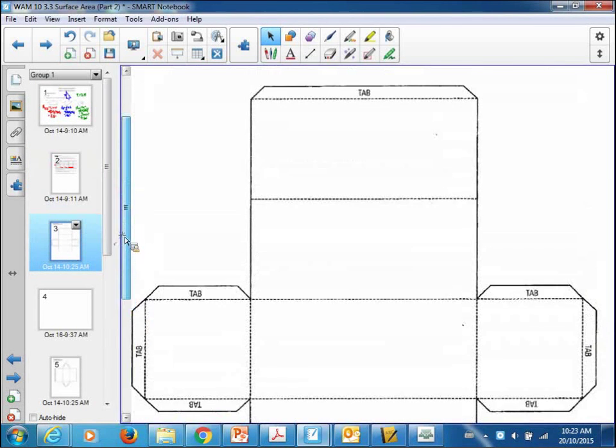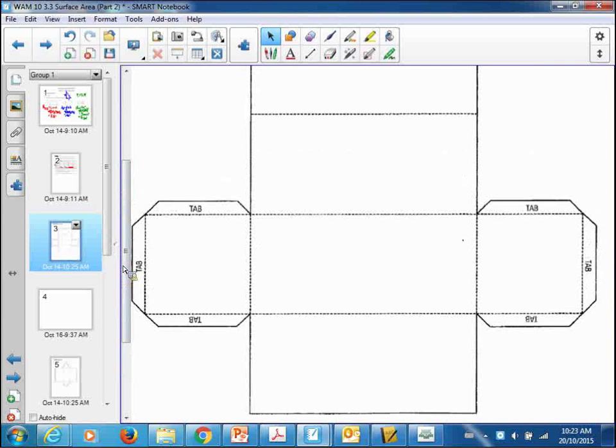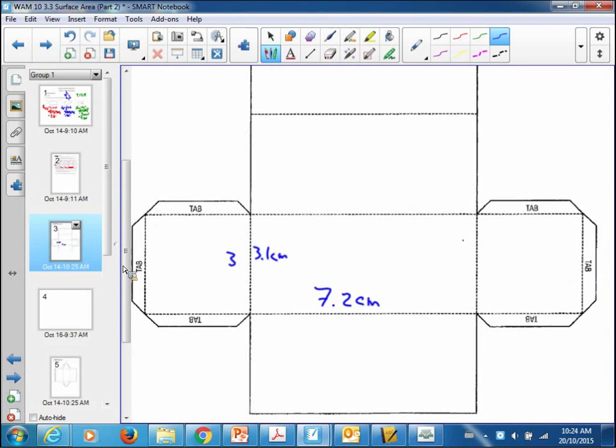You're going to use a ruler to measure these, like, whatever, 7.2 centimeters. Put it inside the drawing because you're going to cut out the other stuff. This is 3.1 centimeters. Measure it here. Put it here too, on the other one, 3.1 centimeters, because when you bend it, you won't see that maybe.